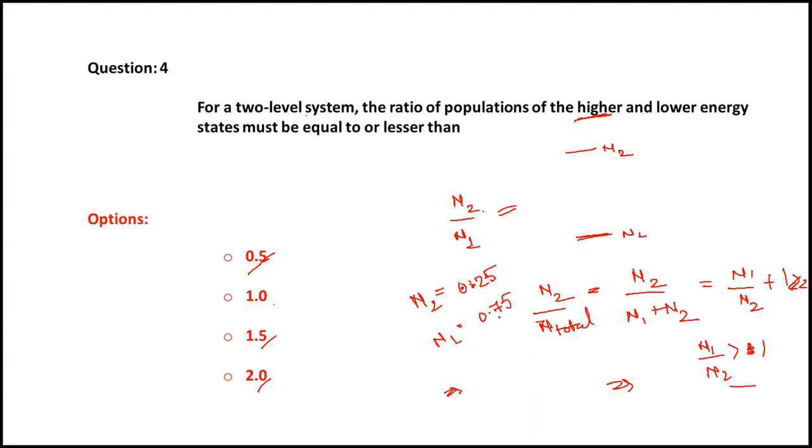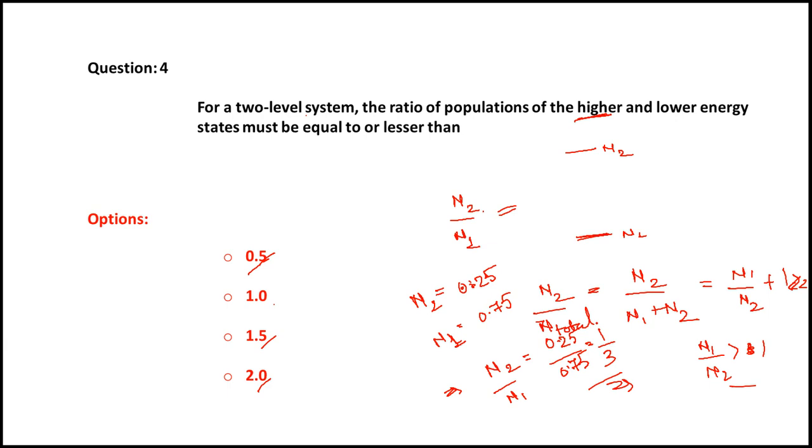Okay, I assume this is an option. If I take the total to be 1, N2 to be 0.25 and N1 to be 0.75, then the value of N2 upon N1 comes to be less than 1, and in that case it is also less than 0.5.